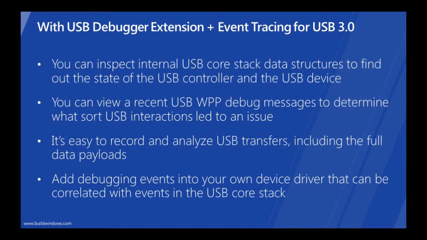You can see a log of the recent USB transactions with our debugging traces and determine what interactions led to an issue. There are also tools available to record events that occur in the USB driver and analyze them at a later time. This will include the full data payloads, which is a feature that users have often asked us for.